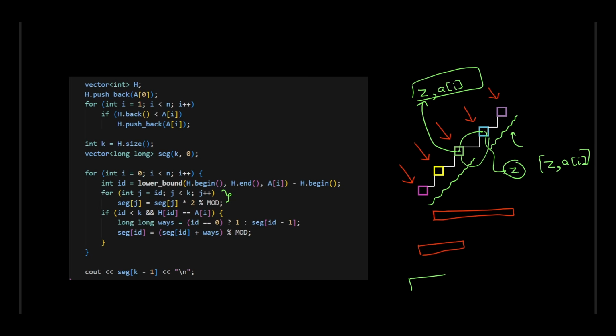So if this is your DP array for the levels, you are locating the first element that is bigger than x, and for each element in this range you want to multiply by 2, and then you also want to find out the value located at level n minus 1, right? So you want to find out the value present at this location. That is why the time complexity is O of n into n, so O of n square.